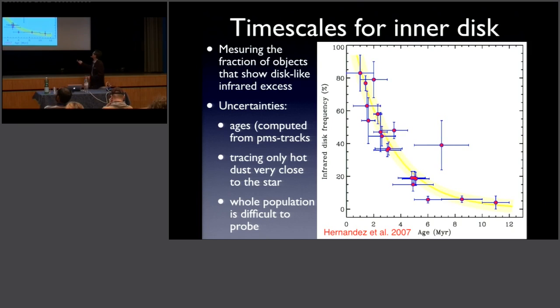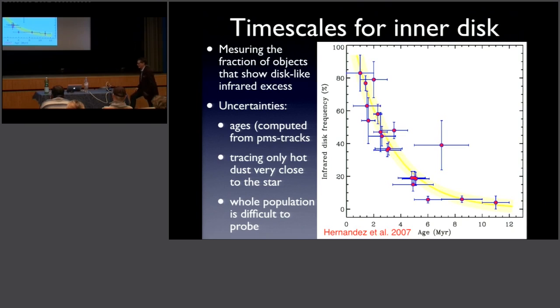The other important thing that this graph says is that 50% of the stars have done what they had to do with their own inner disk by 3 million years. Okay, so either they formed planets or they didn't. But there is a long tail of stars that retain their optically thick disk for a very long time. Okay, they are few, but there are a few that survive very long.